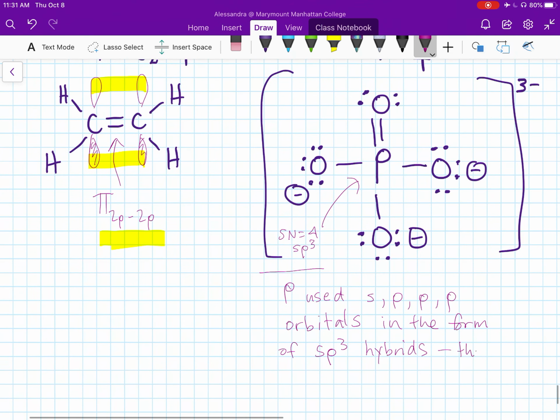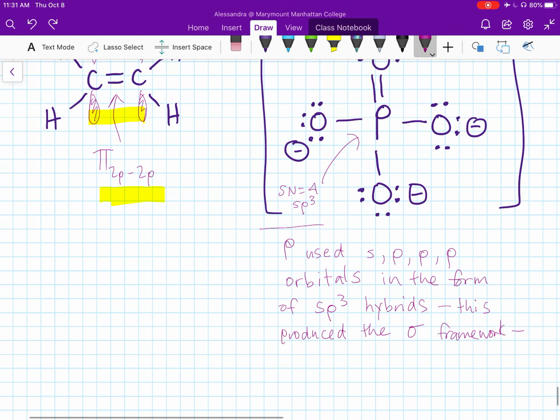So if this produced the sigma framework in phosphate, the only thing left to make this pi bond, to make this double bond, is going to be the d orbital.